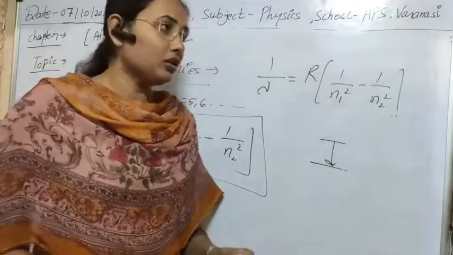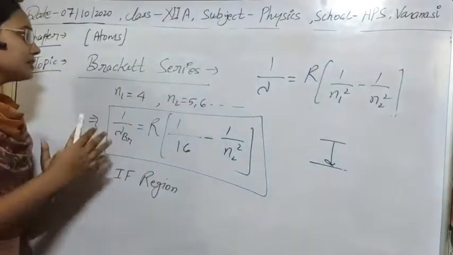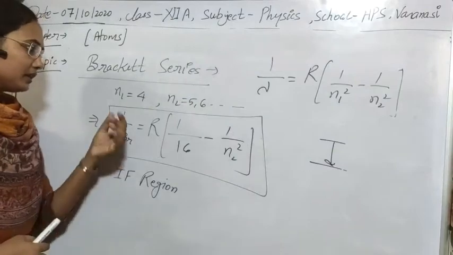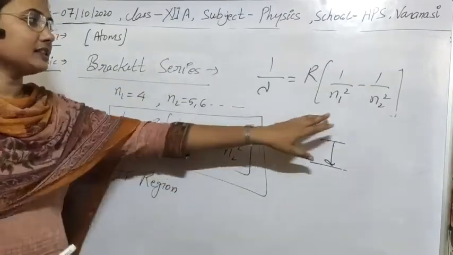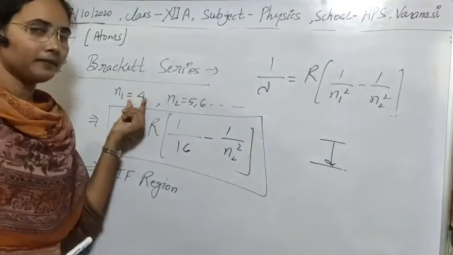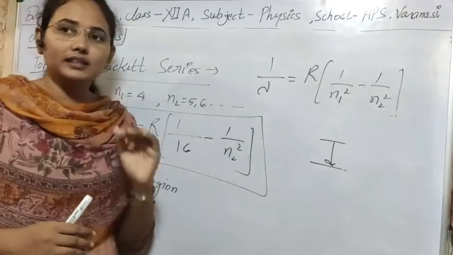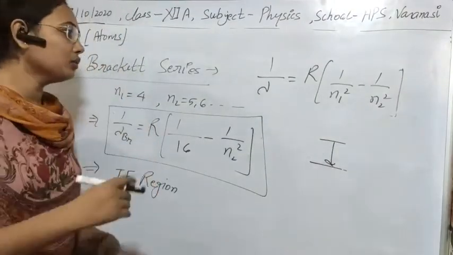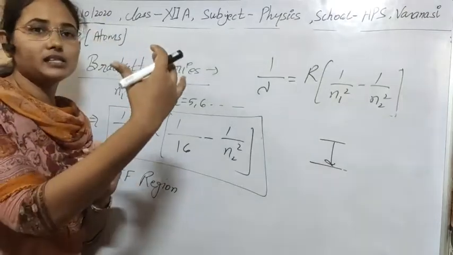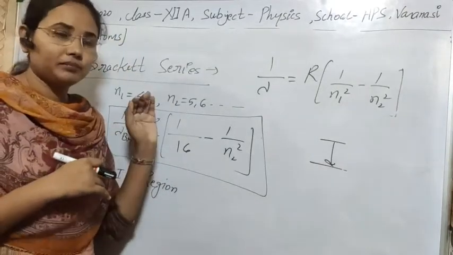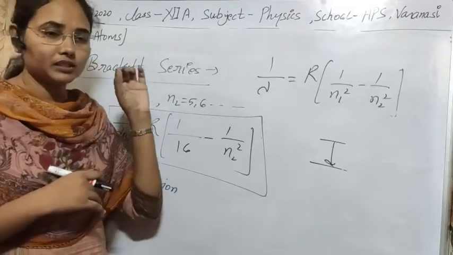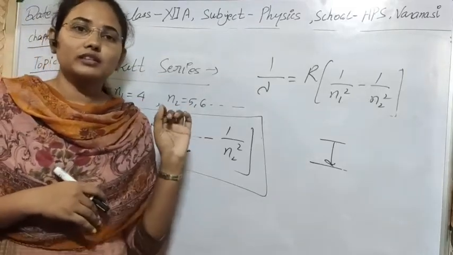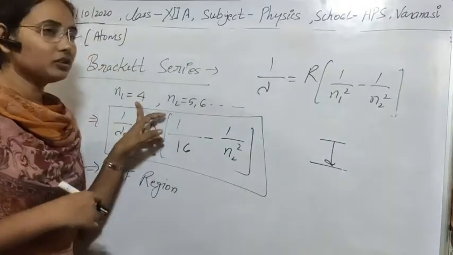Okay, so the fourth series is the Brackett series. In the Brackett series, the level which is fixed, that is n1, is equal to 4. All the transitions from higher states to the n equal to 4 state, meaning the lower state for the electronic transition will be n equal to 4.